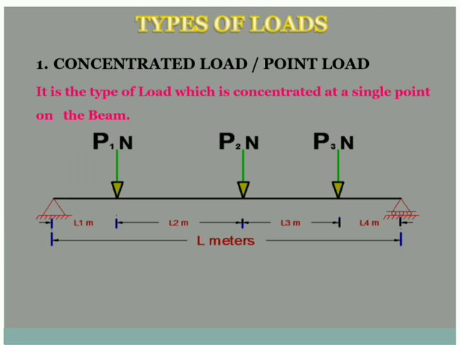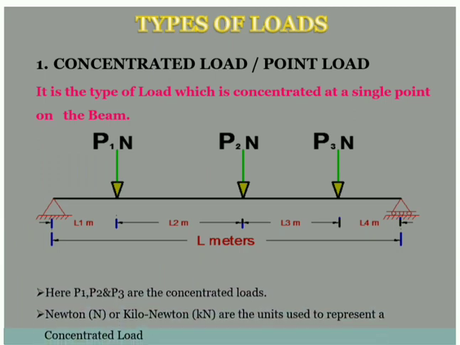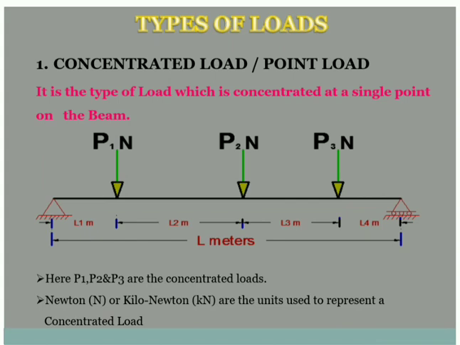Now, here we have P1, P2, P3 are the point loads, N is the Newton, which is the unit. Either point load can be in Newton or kilonewton, and L1, L2, L3, L4 are the locations of these point loads on the beam. So, point load is very simple to be considered in analysis.